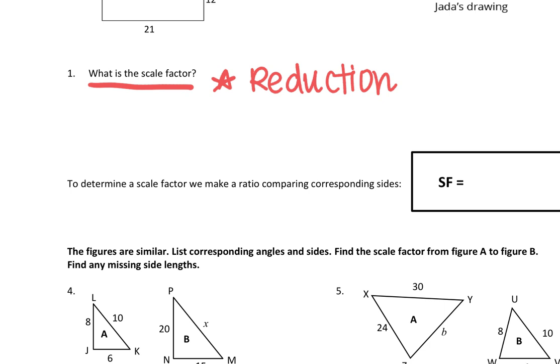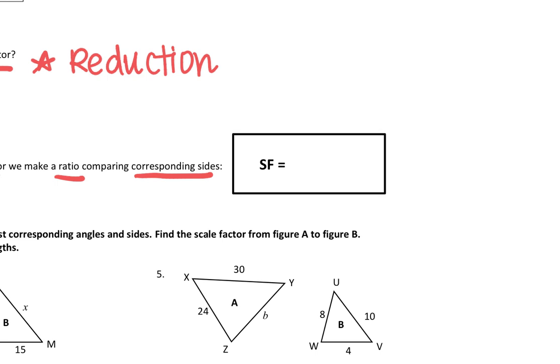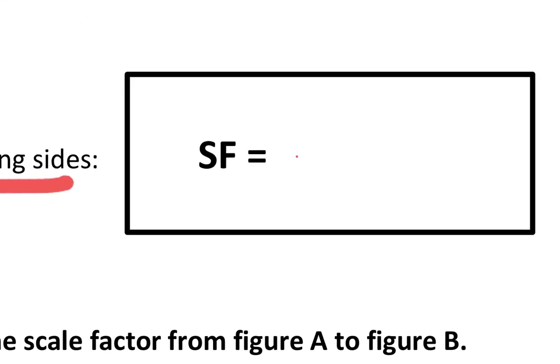To determine the scale factor, we make a ratio or a fraction with the corresponding sides. So my SF, my scale factor, I'm going to get it using a fraction. I should have the new side at the top and the old side on the bottom.